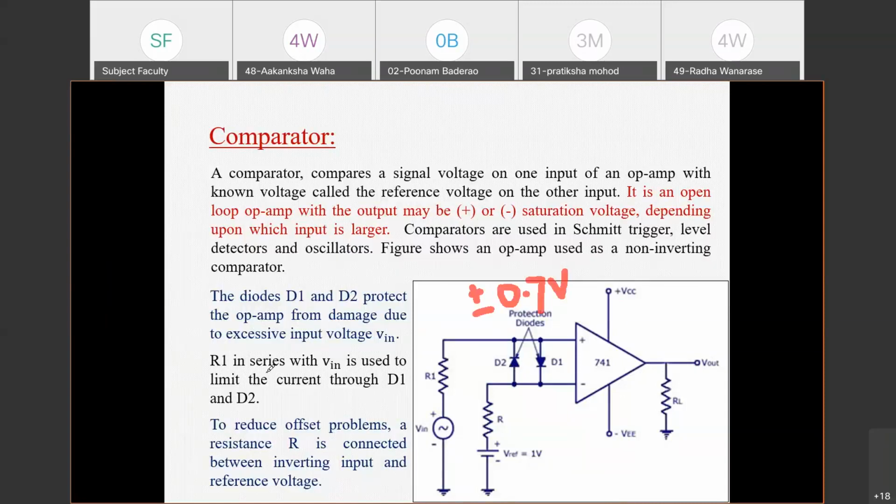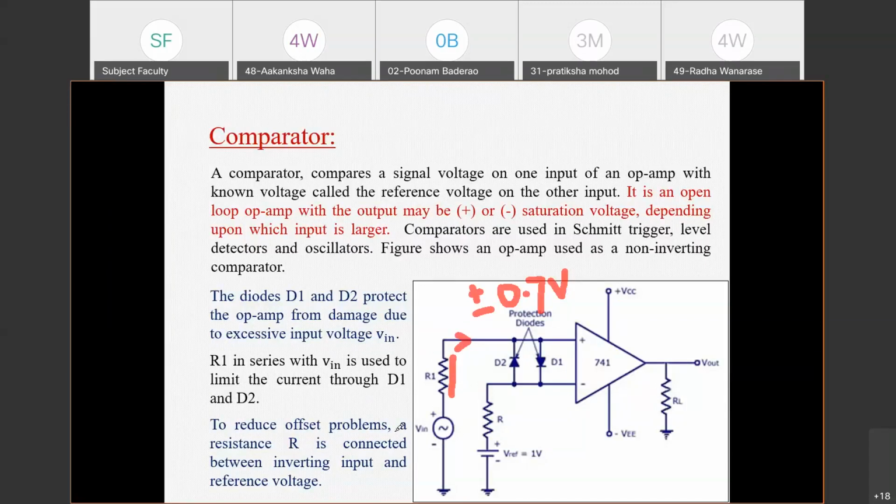Then R1, this resistor is in series with the input voltage V in, which is used to limit the current through diodes D1 and D2. Whatever current is flowing through this branch, the role of R1 is to limit that current. It is just a constructional detail.